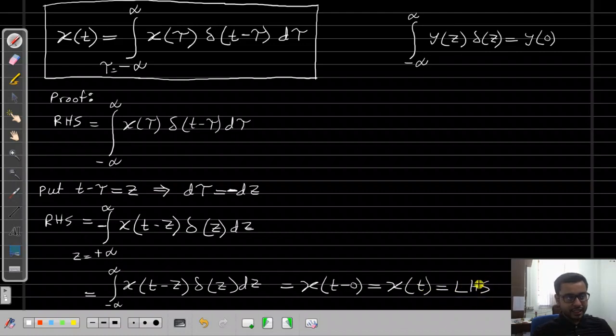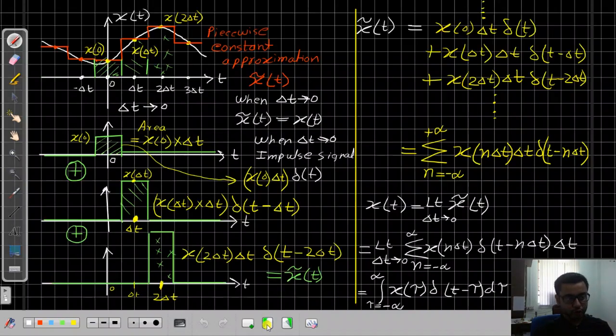This is a quick way of proving this formula, very useful. We will need it again and again, but the physical meaning of this formula is what we have demonstrated here. Any signal can be broken into a sum of delta signals, impulse signals. Let me write this fact.